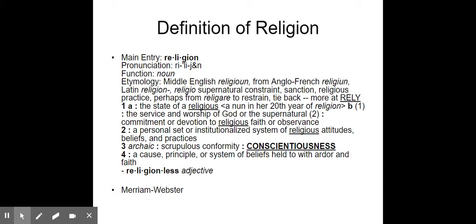A second one is a personal set or institutionalized system of religious attitudes, beliefs, and practices. A third means scrupulous conformity, okay? Conscientiousness, like I hold on to something with religious passion, okay? And then the fourth is a cause, principle, or system of beliefs held to with ardor and faith.